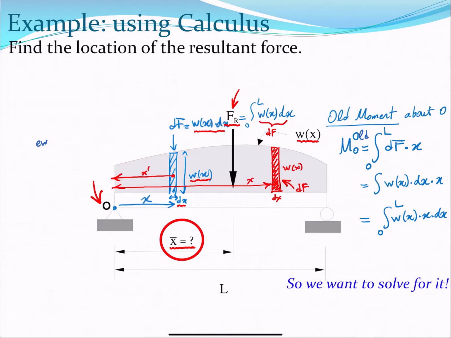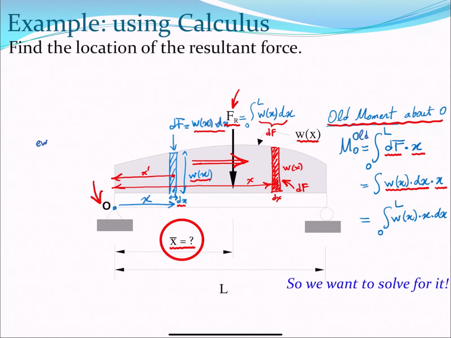As we sweep this shape towards the right, when we integrate, the moment arm is just x. So the old moment about point O from the original force is equal to the sum of all the differentials of force times x.